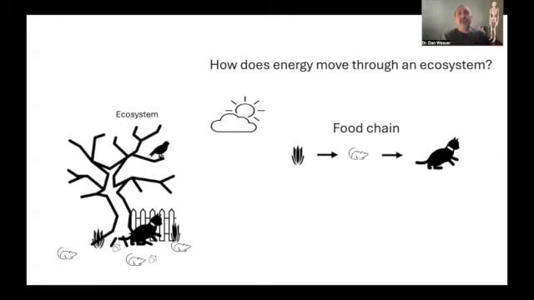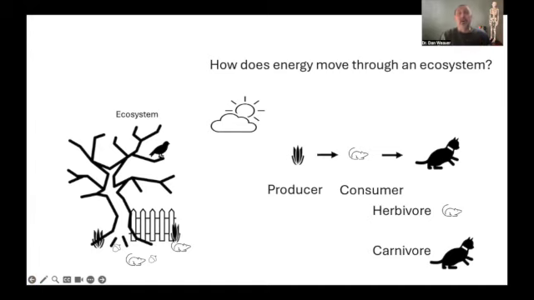We call this a food chain. And what it's doing is showing the energy transfer from the sun to plants to the living things that eat plants, then to those living things that eat the herbivores. So this is a food chain, and it's just showing this transfer of energy.